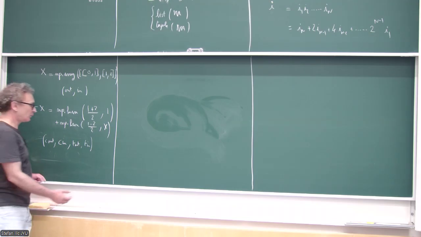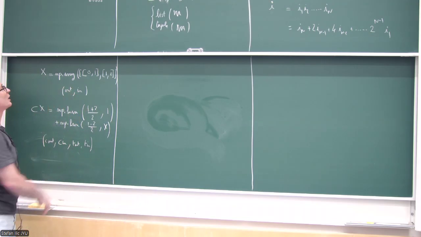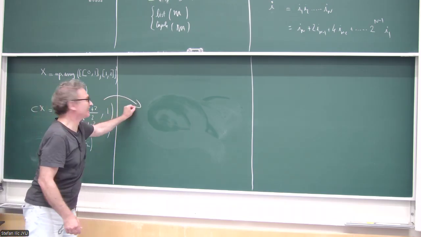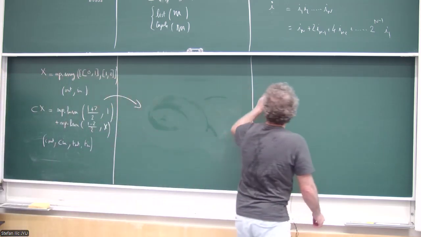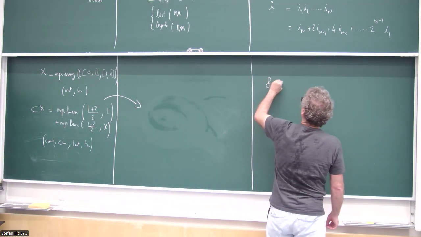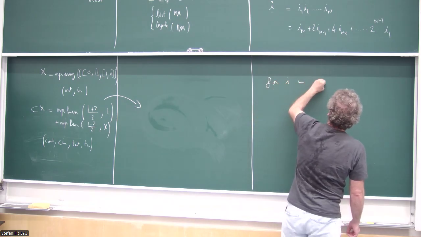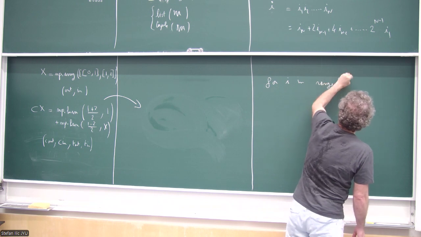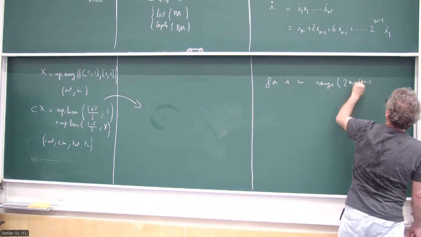Okay, so that's it. And I put that on the wrong column. If you wanted to do the C-level series, you would start to do something like for i in range 2 to the power n minus 1.